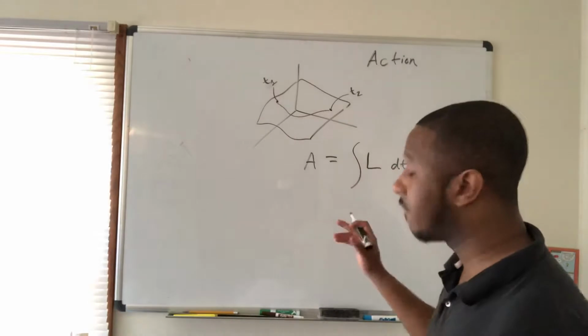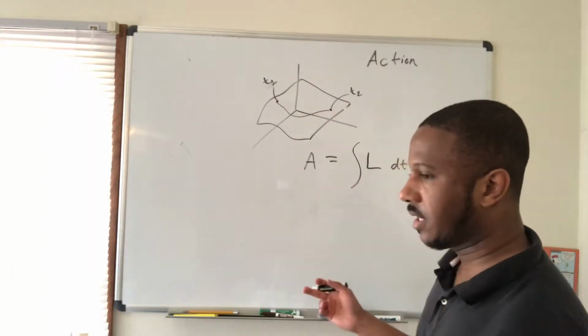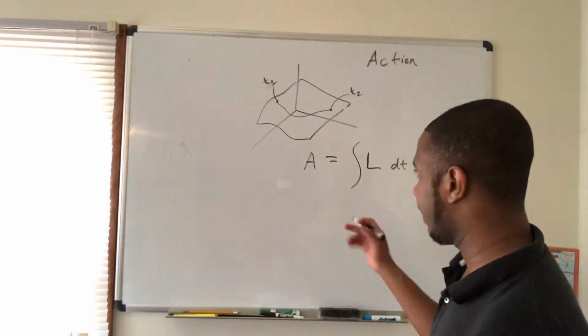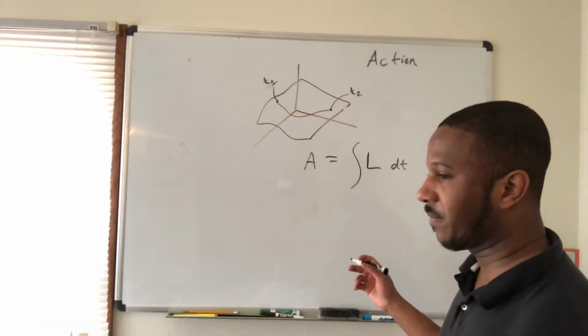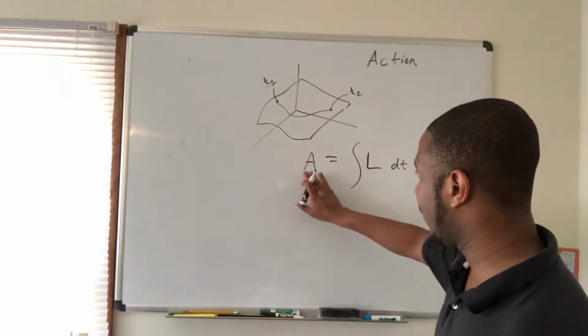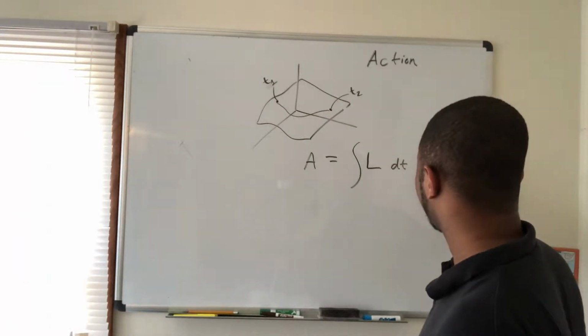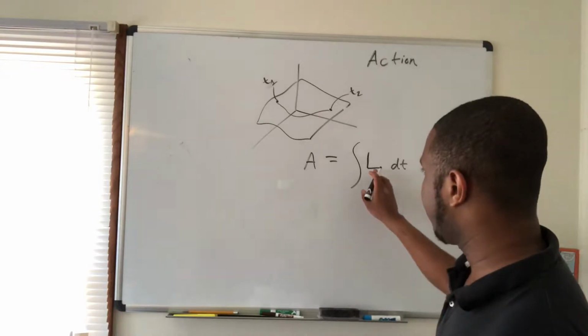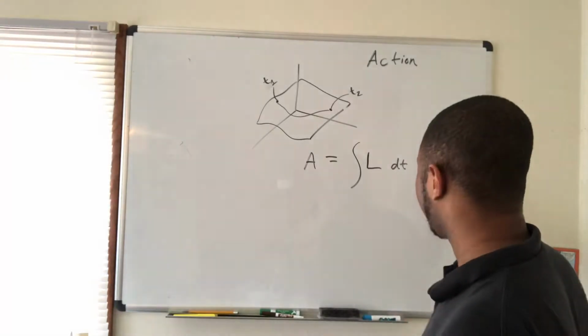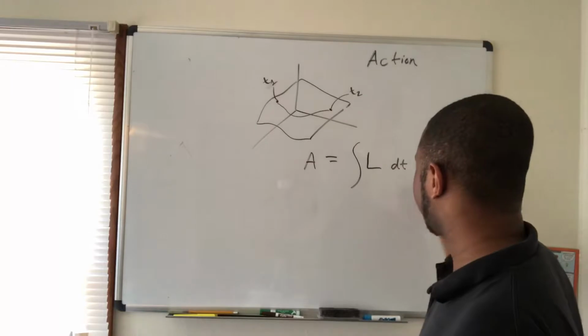This L then is some function of something, and the action then is a function of functions. This will output some number. But now, if you change this L, that number will change. That's just a scalar, right?